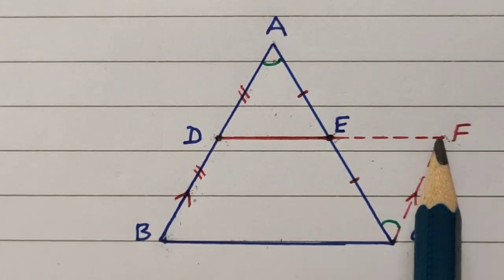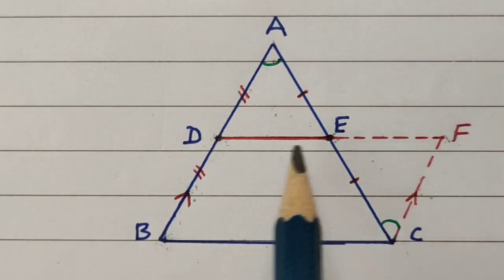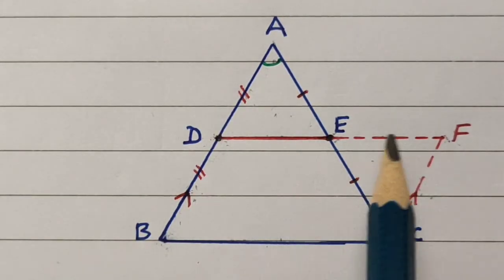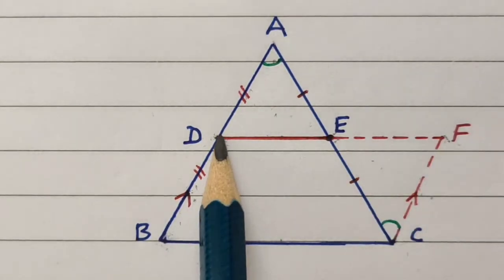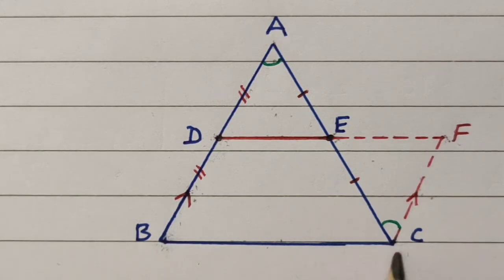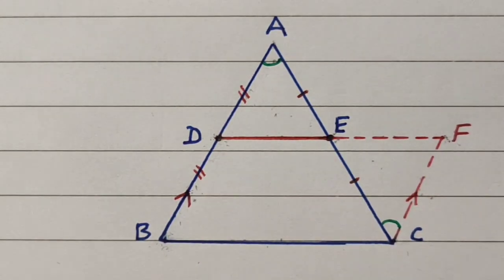Because of that, this has become a parallelogram, and we know that these two sides are equal. We can say that DE is equal to half of DF. Then DF is nothing but BC. Therefore DE is equal to half of BC. Hence we have proved DE is parallel to BC and DE is equal to half of BC, which is the midpoint theorem.